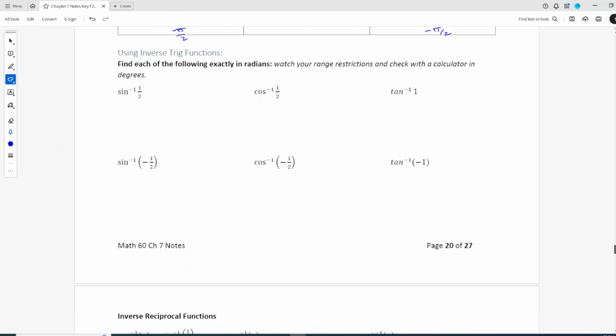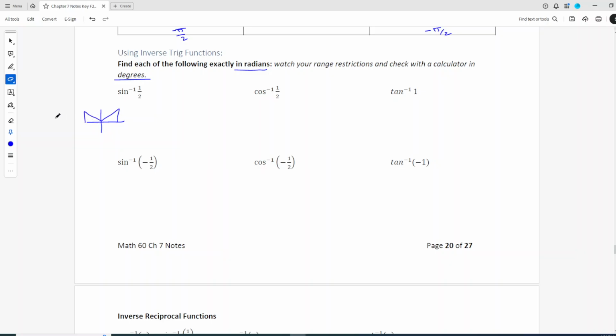All right, let's look at what that means to us. Well, we're going to find each of the following exactly in radians. You're going to watch your range restrictions, and then you're going to check your answers with a calculator and put it in degrees just to help it make sense to you so that you know that we can do it either way. So for example, if I take the inverse sine of a half, really C-A-S-T, I could have an answer in quadrant 1 or quadrant 2.